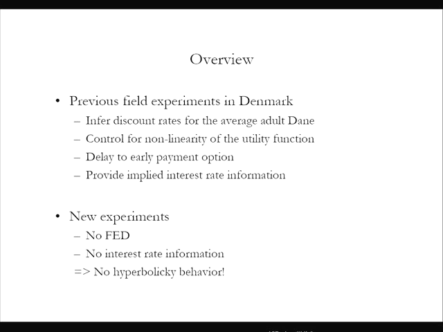So we look at what we call the front-end delay. No front-end delay means immediate payments. We have a treatment with that now, and no interest rate information. And the conclusion is that we still find no hyperbolic behavior.